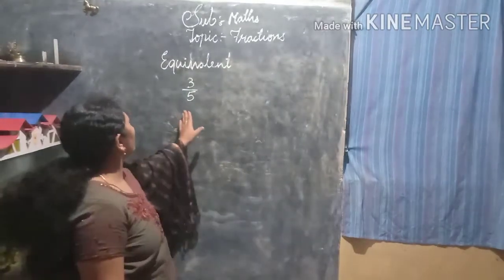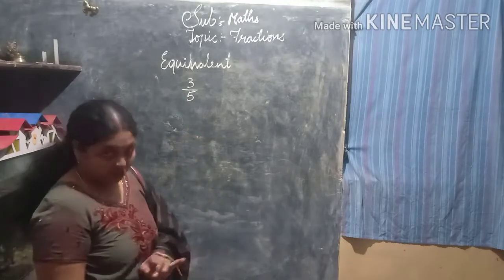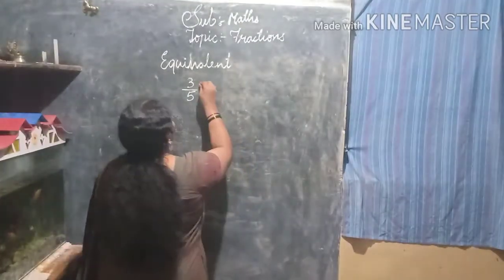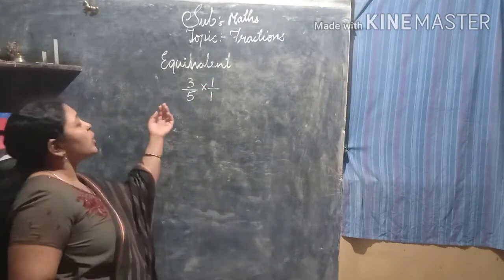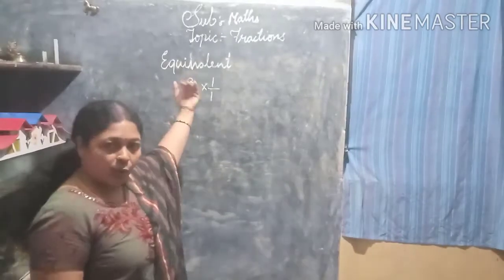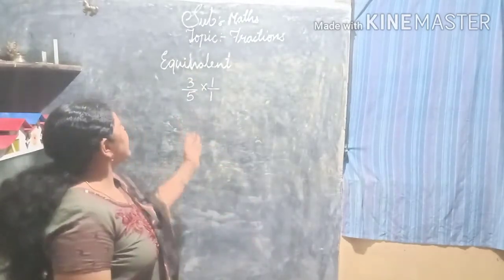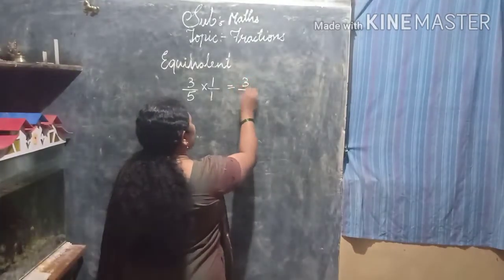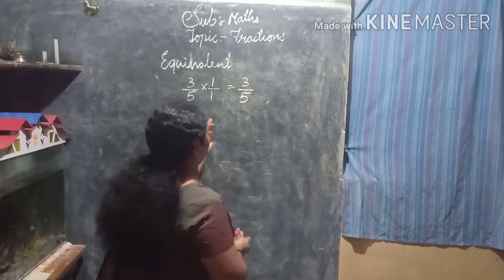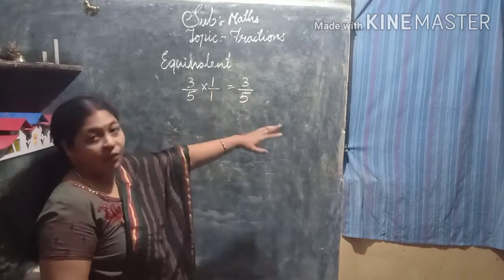To find the equivalent of the given proper fraction, first let us take 1/1. If you multiply with 1 in the numerator and 1 in the denominator, it doesn't make any difference, because you will get the same 3/5 itself. 1 3 is 3, 1 5 is 5.